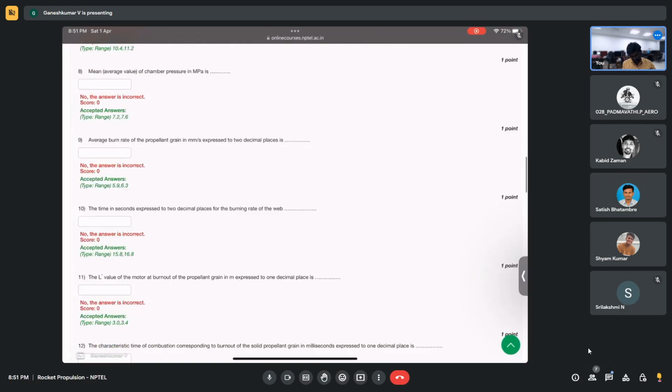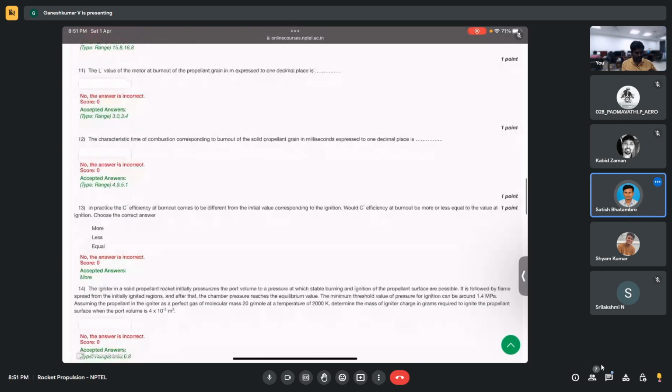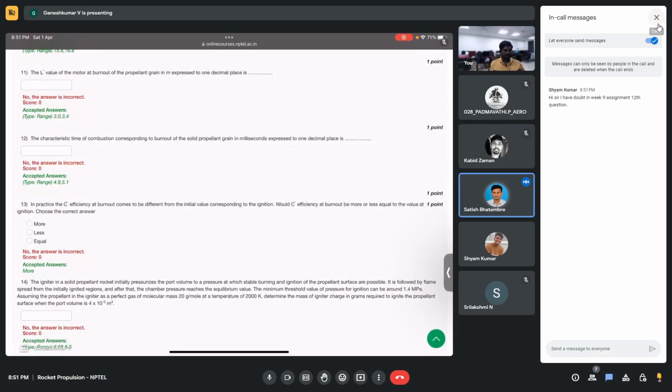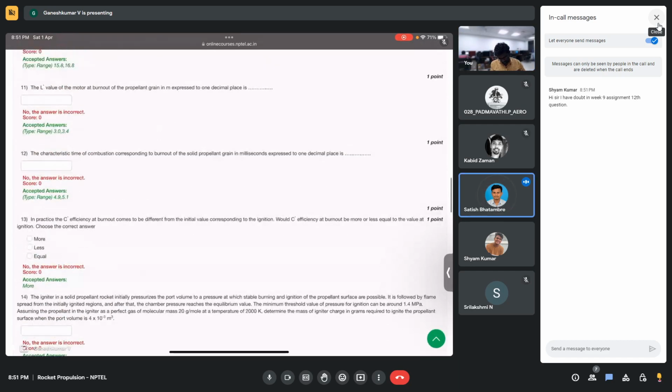What is your doubt, Shyam? Characteristic time of combustion corresponding to burnout of a solid grain in milliseconds at one decimal place. So this should be straightforward, right? What is the doubt you have in this?